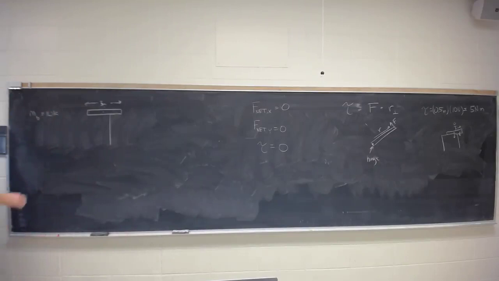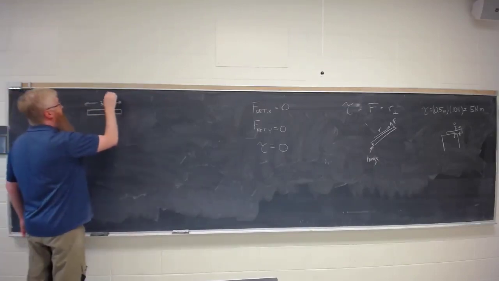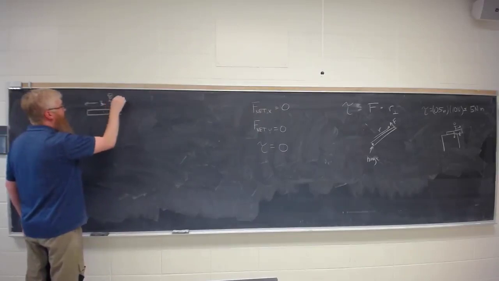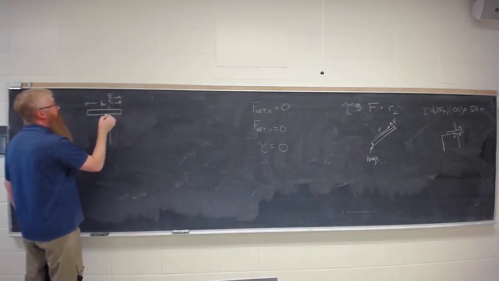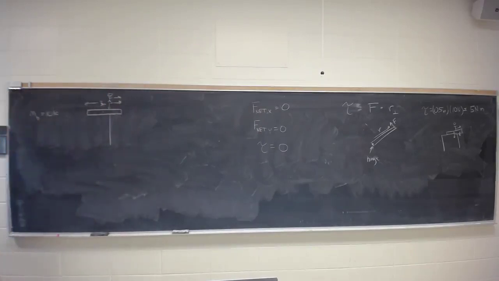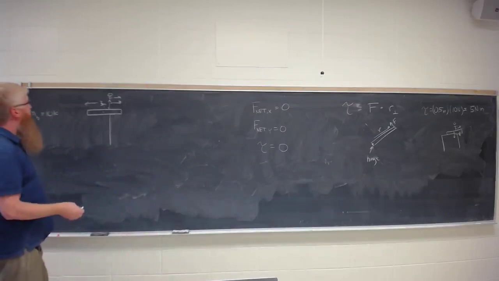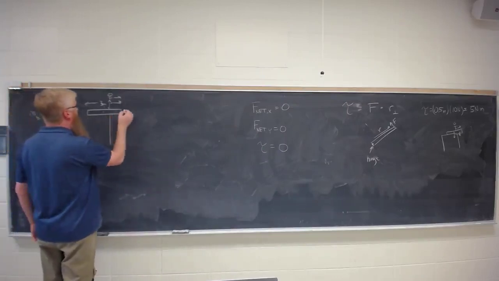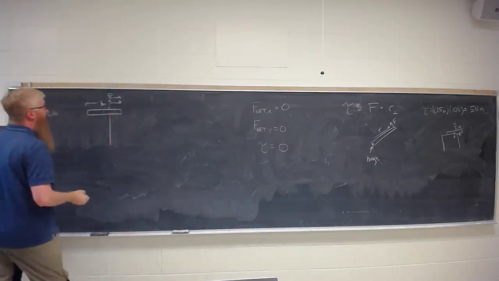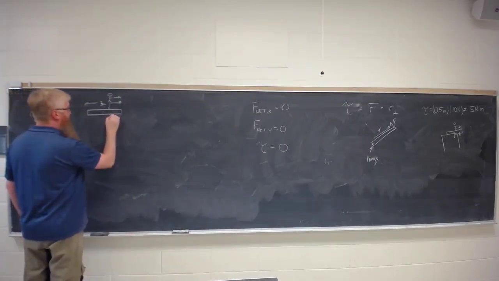A person walks out. How far can they walk out on the board? Standing on the board, imagine them on the board here. How far can they walk out before the board tips over, before it starts to go over the edge? So how far from the cliff we're interested in, we'll call that X.